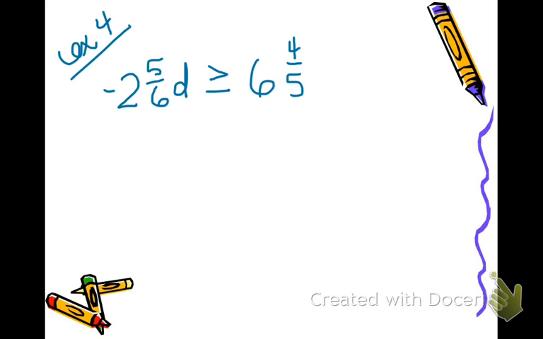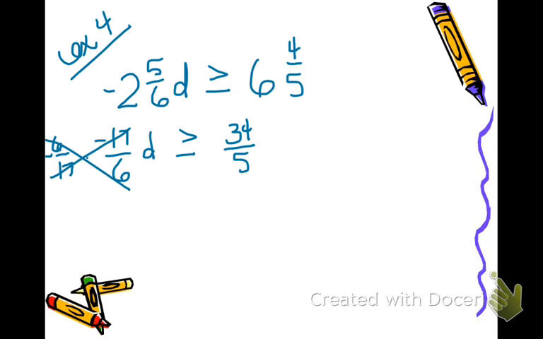So the first thing we want to do with mixed numbers is change them to improper. So I can take 6 times 2, which is 12, plus 5, which is negative 17 over 6 d. 5 times 6, which is 30, plus 4, 34 over 5. Now I'm going to multiply both sides by the reciprocal, negative 6 over 17, and that cancels, times a negative 6 over 17.